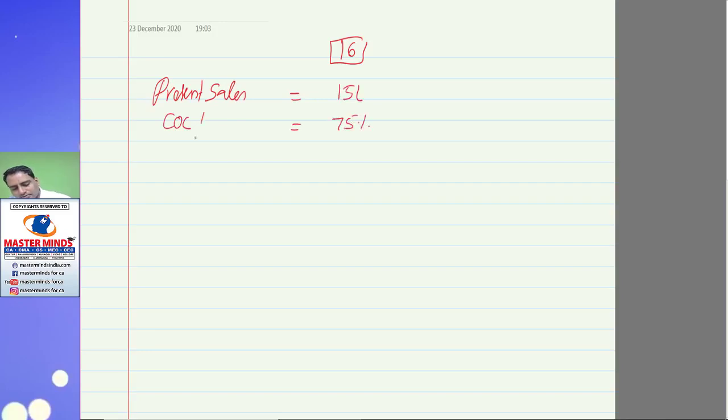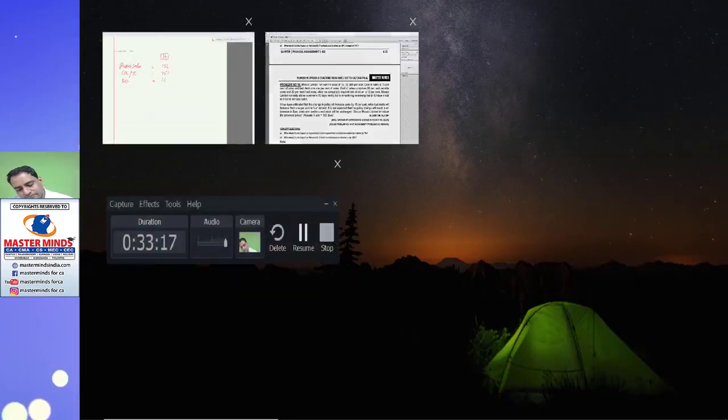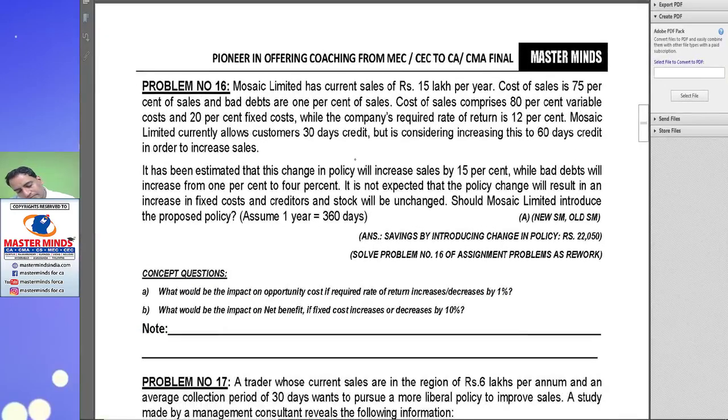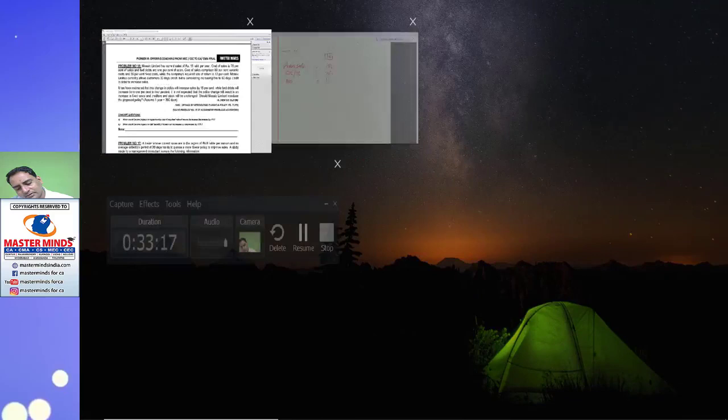So cost of sales, we can also call it as total cost. Bad debts is equal to 1%. Cost of sales comprises of variable cost 80%, fixed cost 20%.